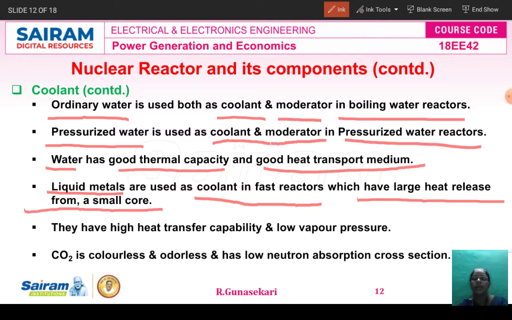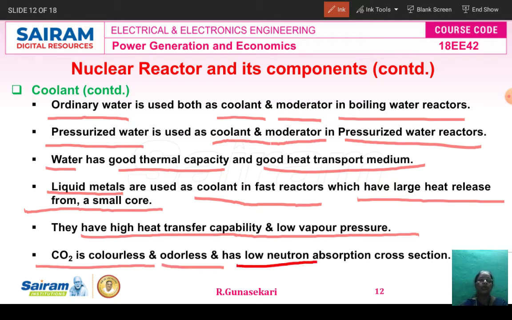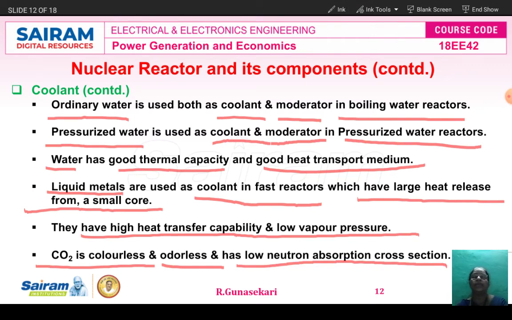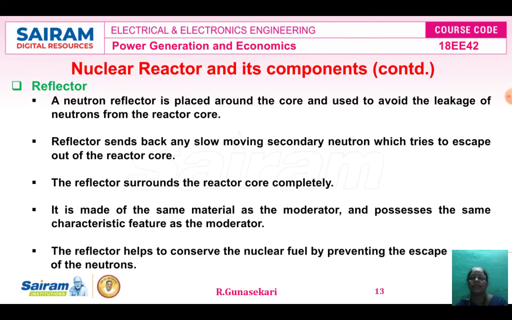The coolant has high heat transfer capability and low vapor pressure. Carbon dioxide is colorless and odorless. It has low neutron absorption cross section. Therefore, carbon dioxide can be used as a coolant in the nuclear reactor.